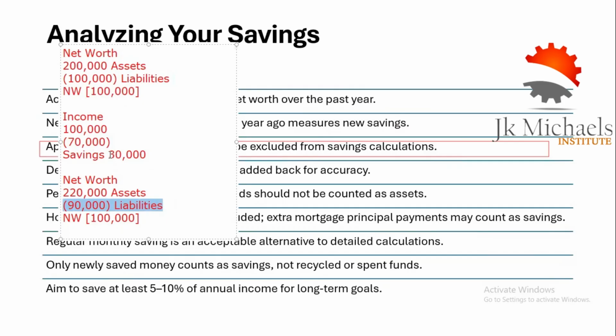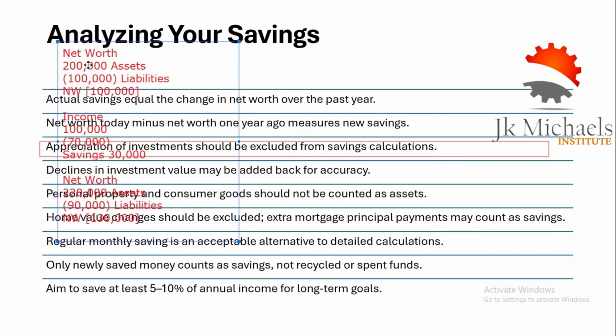So my savings of 30,000 has been used to increase my assets or reduce my debt. Now I have a net worth of 220 minus 90,000, which is going to be 130. And you can see my 130 net worth being what? Golden. And I'm going to show this with practical examples against the net worth calculations that we did in the last video, how to make that work.